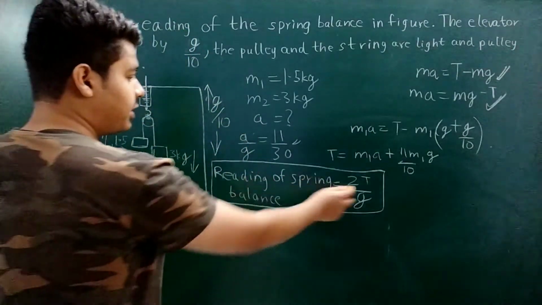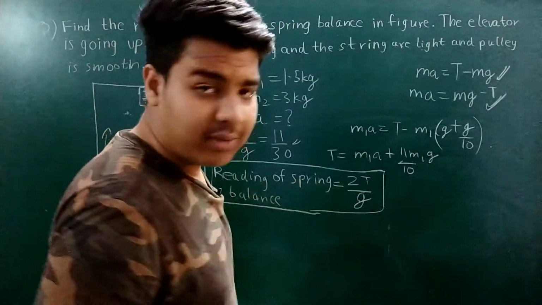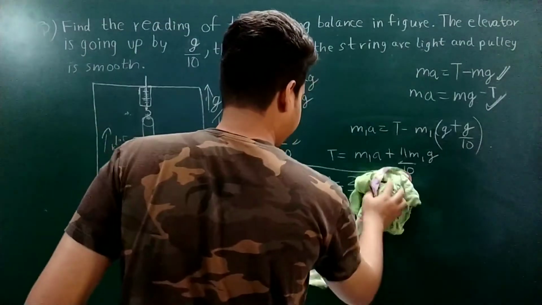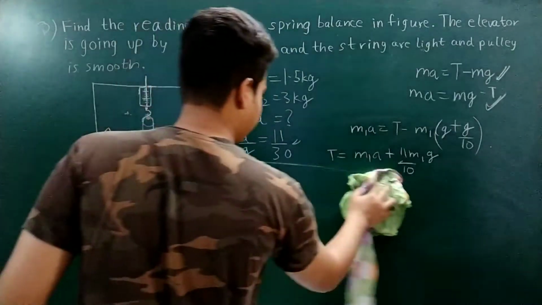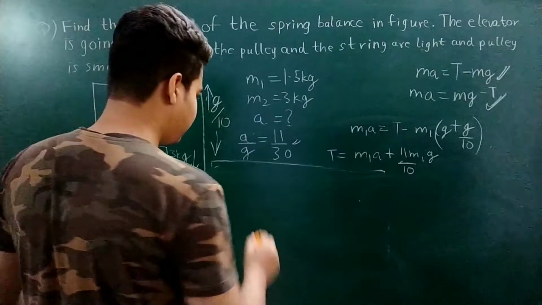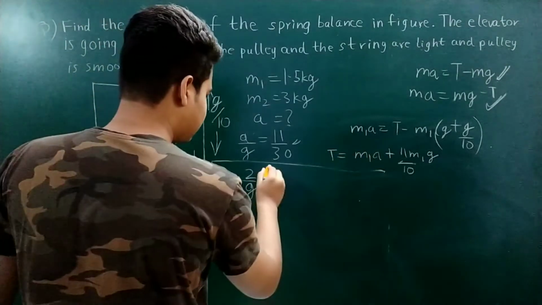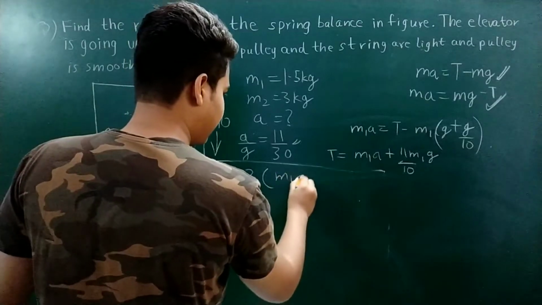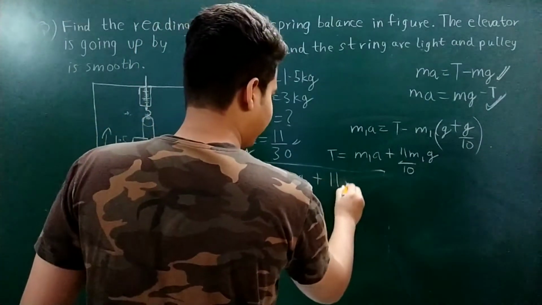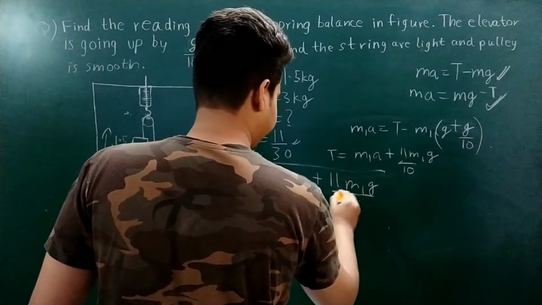So 2T upon G. Now what we simply do, we put the value of T. So we had the formula 2T by G. 2T by G means 2 by G, and T means M1A plus 11M1G by 10.